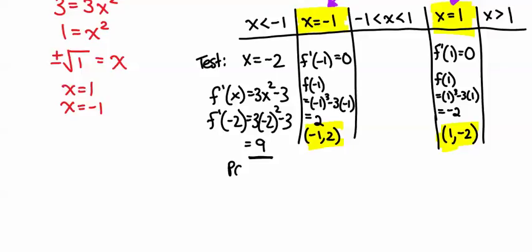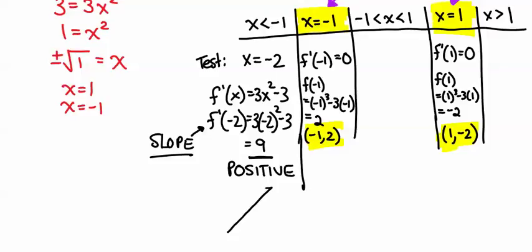So that is a positive value. Remember, the first derivative tells us the slope of our function? So if it's telling us our slope is positive, our graph must be going up to the right. Here we know our slope is actually 0, so our graph will be flat in this section.